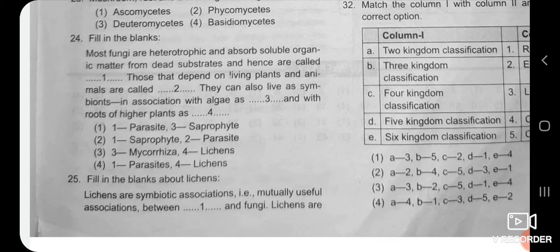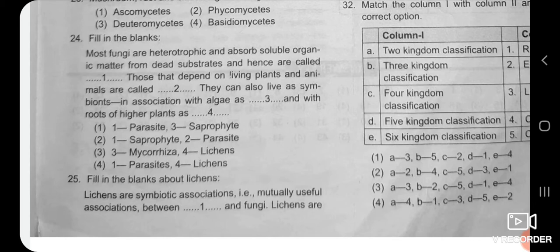So here we have to fill in the blanks. Most fungi are heterotrophic and absorb soluble organic matter from dead substrate, and hence are called saprophytes. Second answer: those that depend on living plants and animals are called parasites.